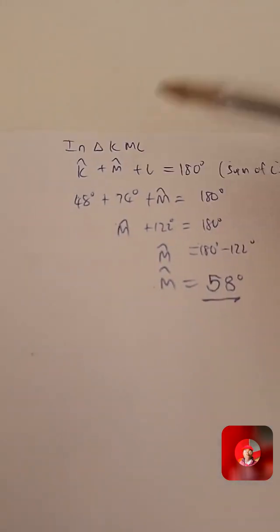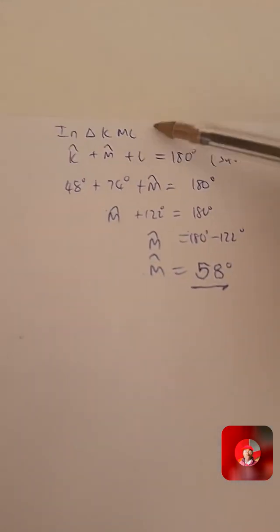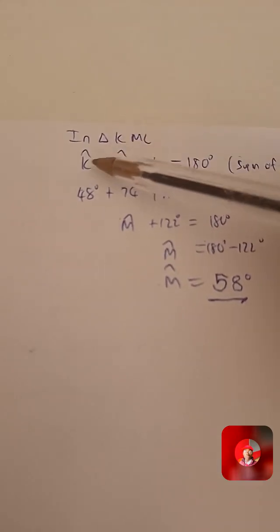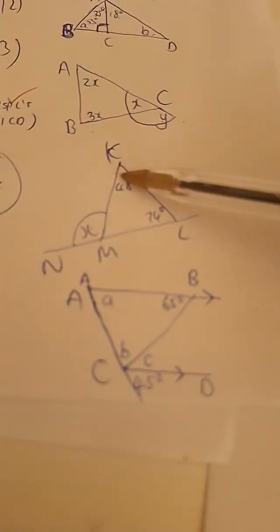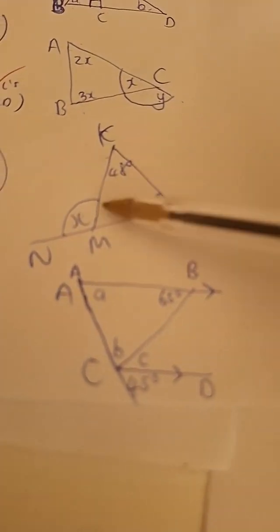Just something for us to note here together with Kamogelo. Guys, if you are going to use angle K plus angle M plus angle L, remember, angle K here is this entire angle. Angle M, unless you tell me in triangle KML.